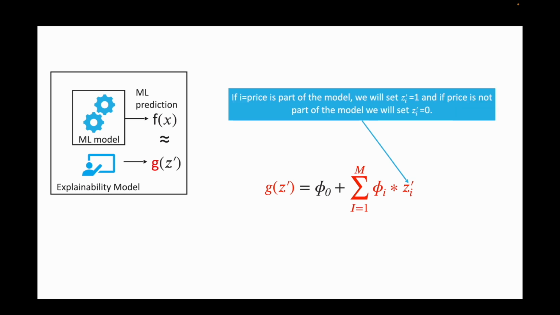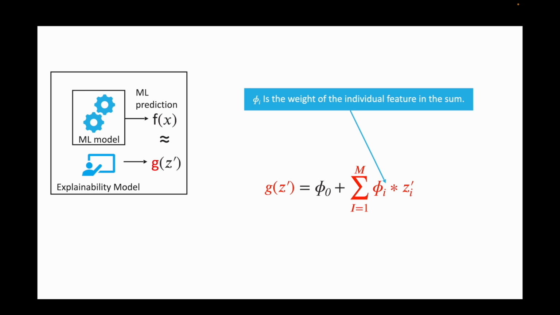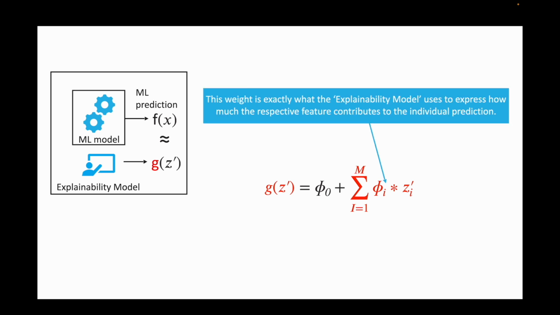If i equals price is part of the model, we will set z prime sub i to 1, and if price is not part of the model, we will set z prime sub i to 0. Phi sub i is the weight of the individual feature in the sum. This weight is exactly what the explainability model uses to express how much the respective feature contributes to the individual prediction.